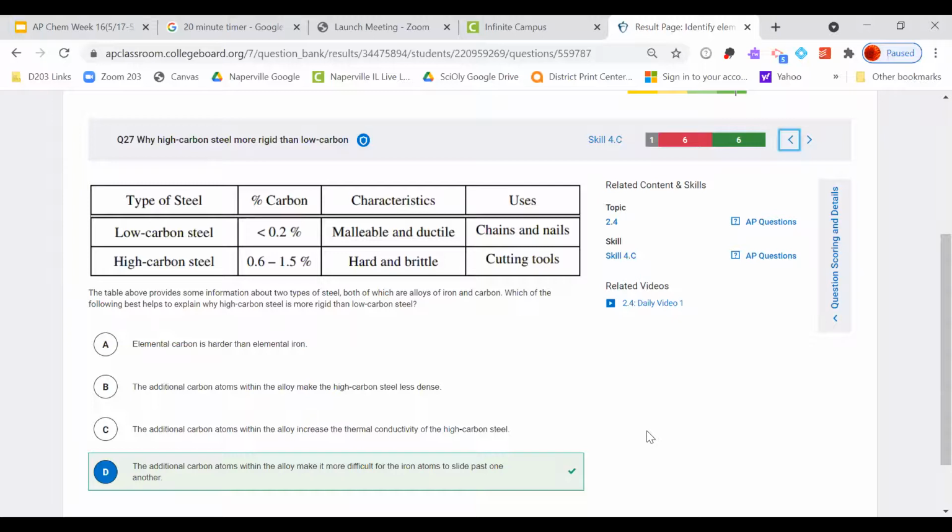Okay, so that means that the more carbon atoms you have, the more difficult, I guess. The harder it is, I guess. Right, and that's what they were showing you there, hard and brittle. So low carbon steel is malleable and ductile. That's telling you that putting more carbon in there is changing those properties.